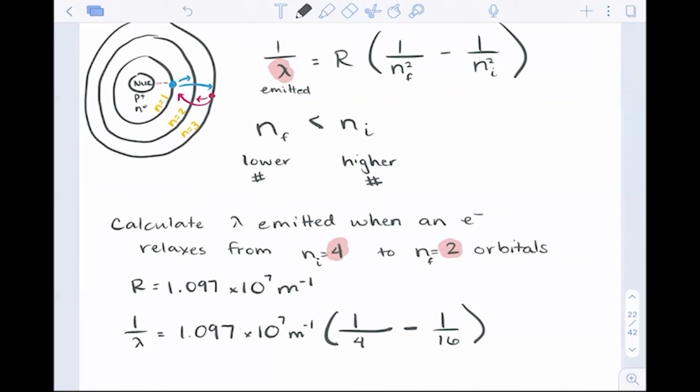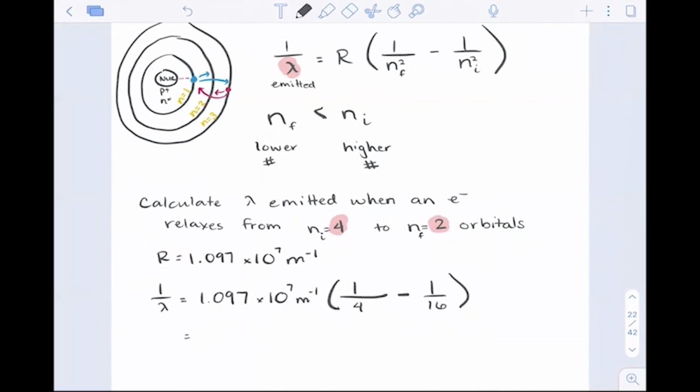Initial should be higher, final should be lower. All right, let's keep chugging along here. I'll step out a couple of the calculations so you can follow along. We'll practice a lot more of these in class. Unitless number in that bracket.